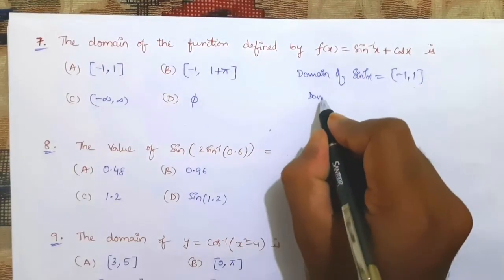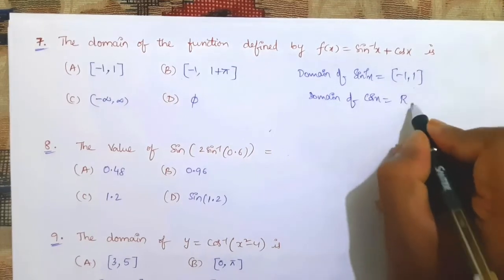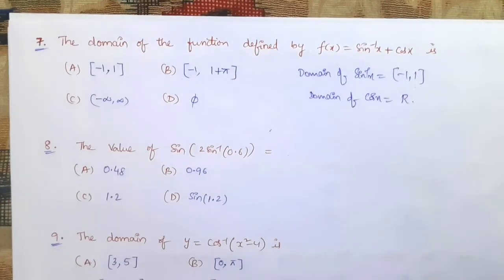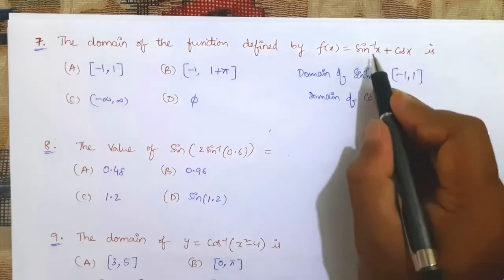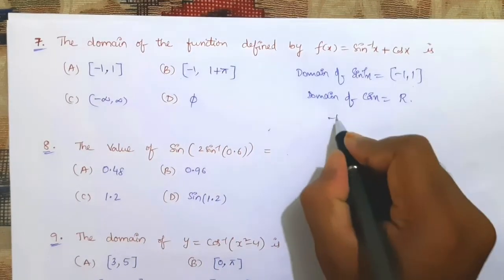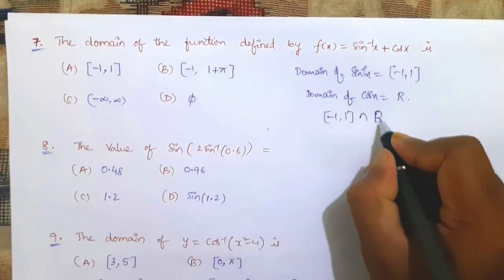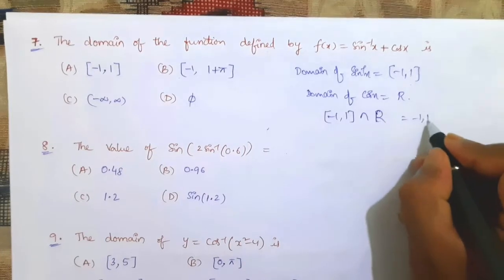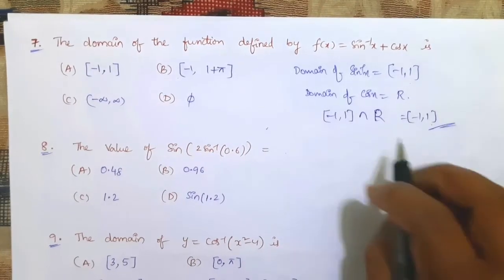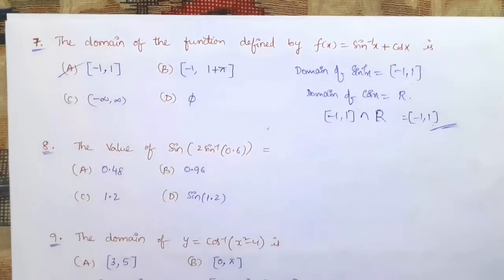Next, the domain of cos x. What is the domain of cos x? It is real numbers, you know, the domains of sin and cos are real numbers. Now when they are asking sin inverse x plus cos x, we need to find the intersection part, that is minus 1 comma 1 intersection with all real numbers. So what will we get? Minus 1 comma 1 only. So therefore the domain of sin inverse x plus cos x is minus 1 comma 1.